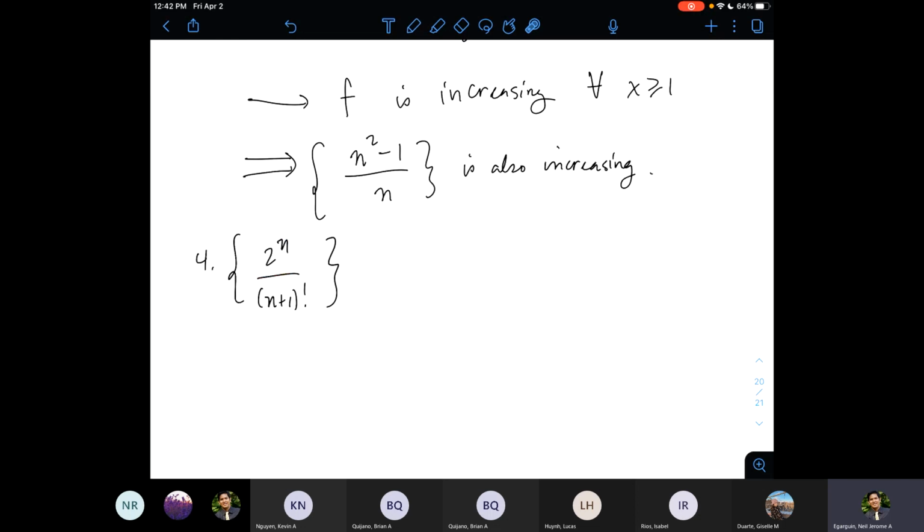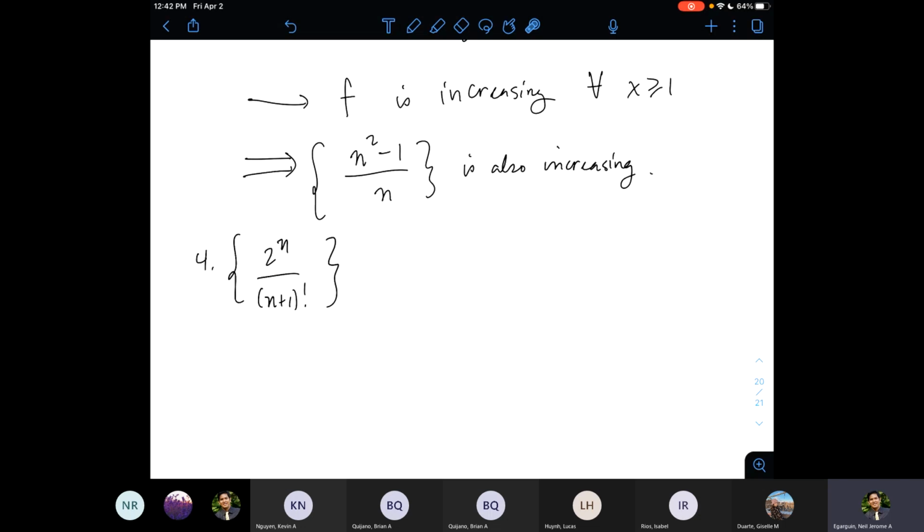So the denominator in the long run, with emphasis on the phrase in the long run, will become larger compared to the numerator. So that means this will converge to 0 by the hierarchy of growths, right? So this will approach 0. And since the denominator increases in the long run, I will have a decreasing function, a decreasing sequence, right?